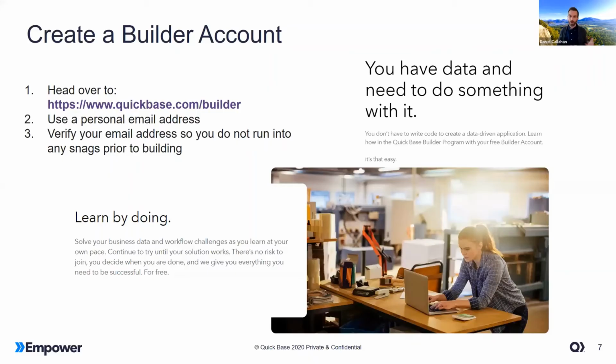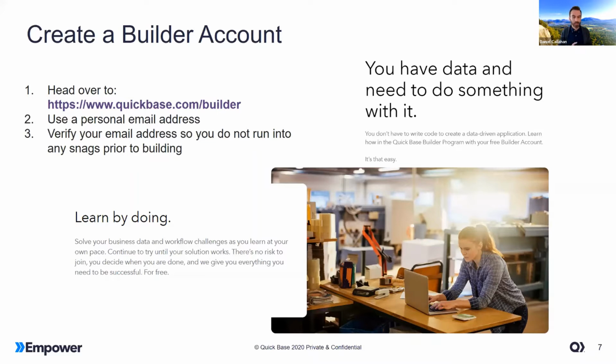Regardless of which route you're going to take during this session, we'd love for everybody who hasn't already to create a builder account. What this allows you to do is to have an account where you can build your own apps, kind of Franken apps, trying out new features, and it doesn't take away app space or apps in your company's account. So hopefully you received an email or some type of communication asking to create a builder account.